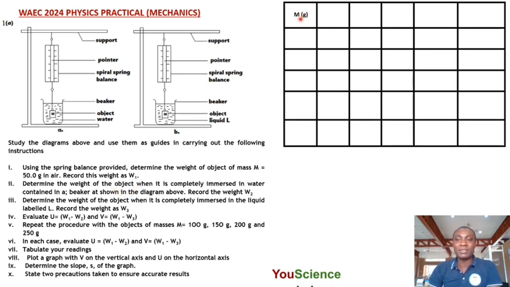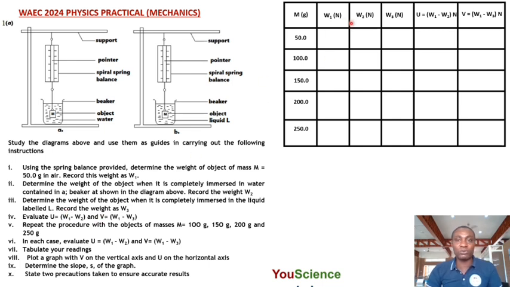I have the mass measured in gram, as given in the question: 50, 100, 150, 200, and 250. Then we have the weights W1, W2, W3, U, and V as required in the question.